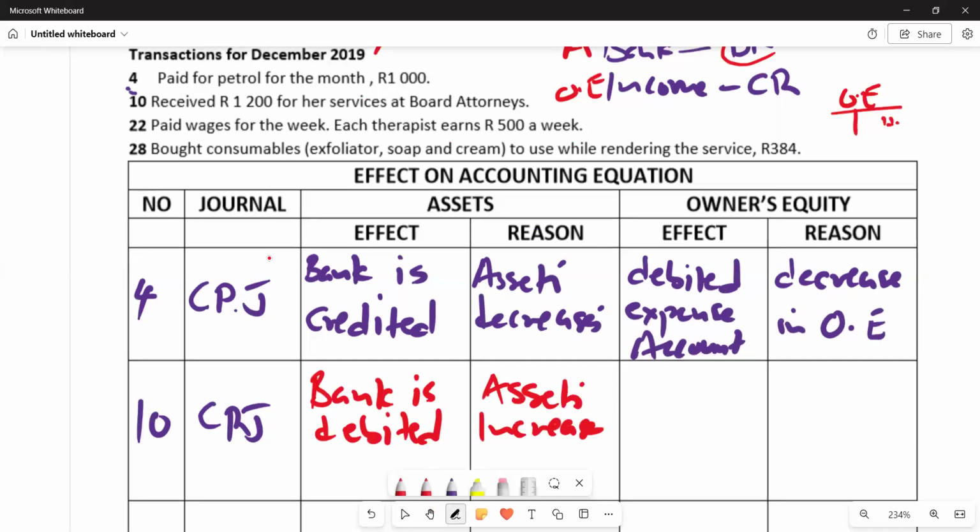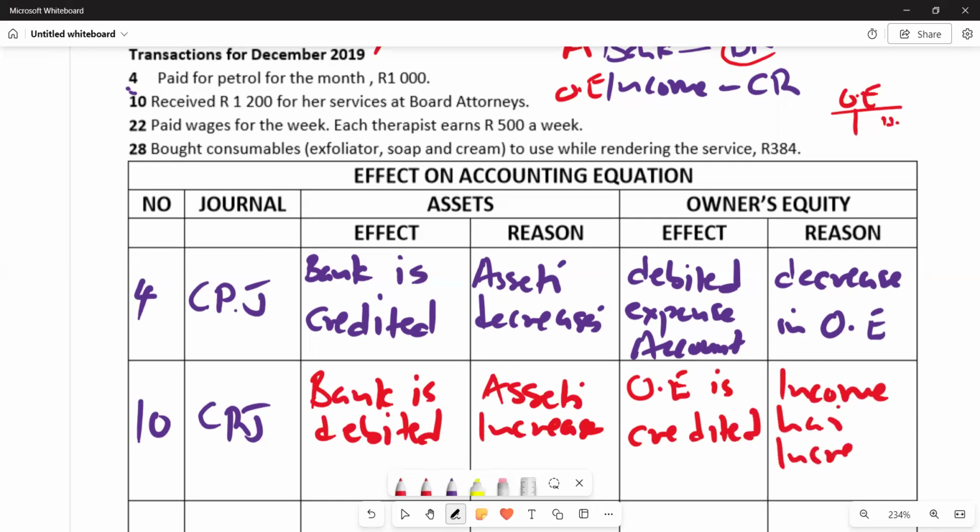So owner's equity is credited. Reason: income is increased.